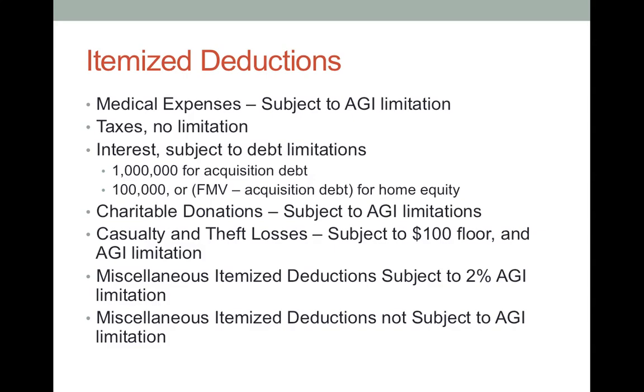Make sure you understand or kind of write down on your crib sheet which itemized deductions, miscellaneous itemized deductions, are subject to the 2% limitation and which ones are not. All of them are, except for gambling losses and except for investment-related casualty losses. Investment-related casualty losses will not be on the exam, and I don't think gambling losses are on there. I don't think.